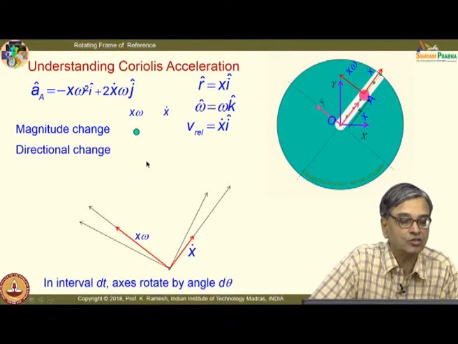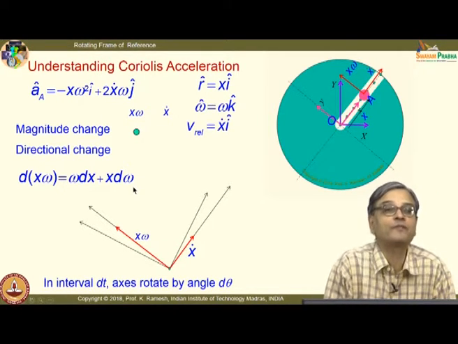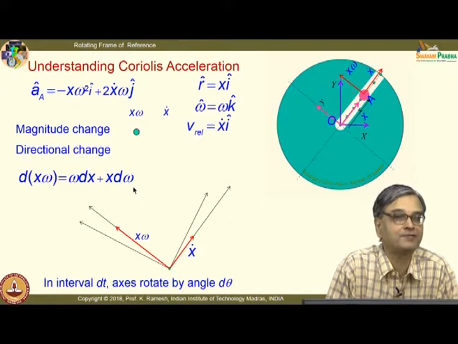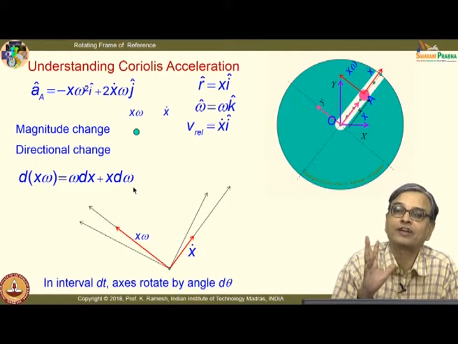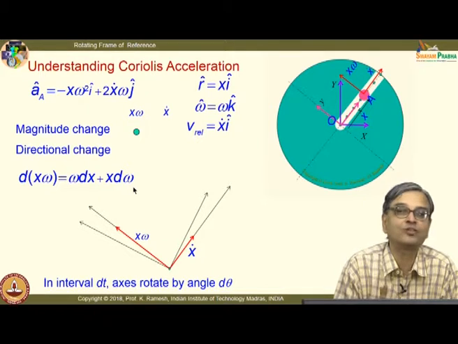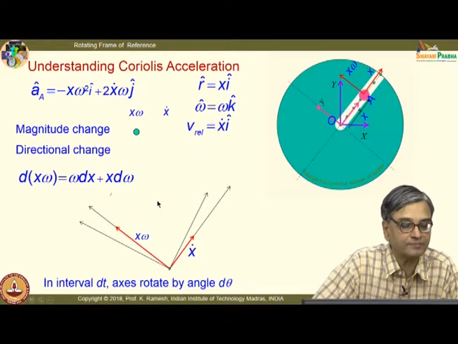So, how do I write this? I have x omega, so I differentiate it, and I get omega dx plus x d omega. It is also given in the problem in what way omega is changing. It is clearly stated, to make our life simple, that the disk is rotating at a constant angular velocity. What is the meaning of that? I cannot have d omega, so d omega goes to 0.